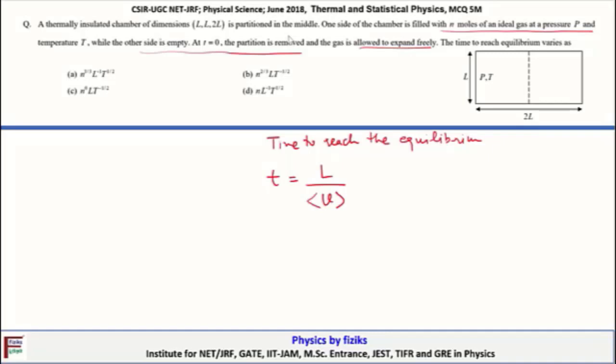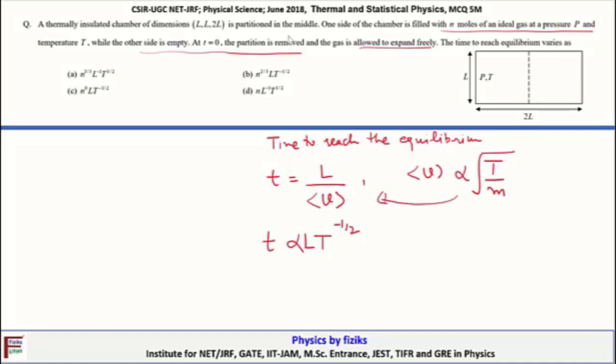Since we know that the average speed is proportional to the square root of T by m, it is proportional to the temperature and inversely related to the mass of the gas molecule, by making use of this fact we conclude that the time is proportional to L and the square root of T in the denominator, so that means T power minus 1 by 2.